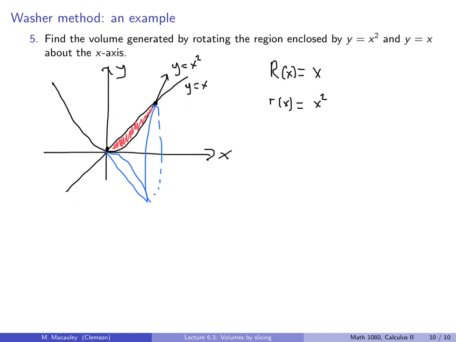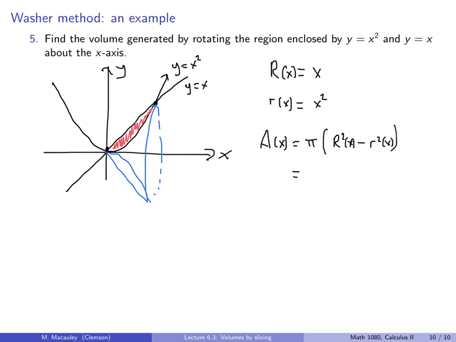So the area of this washer is pi times big R squared of x minus little r squared of x.